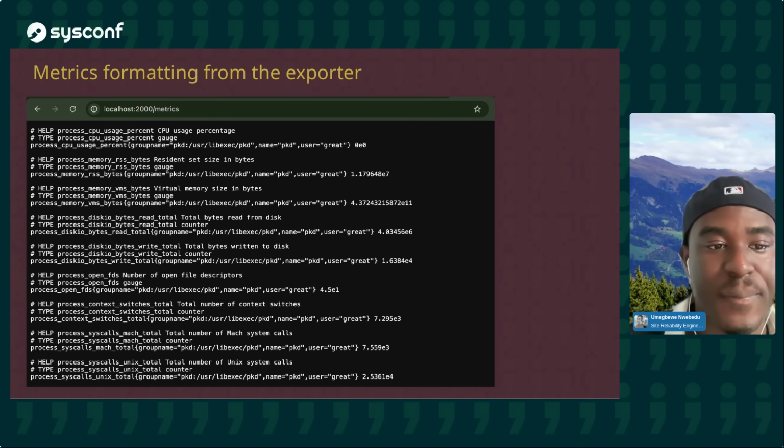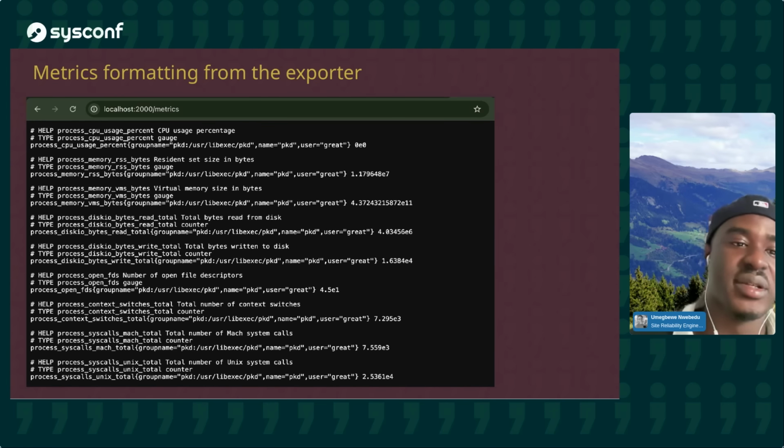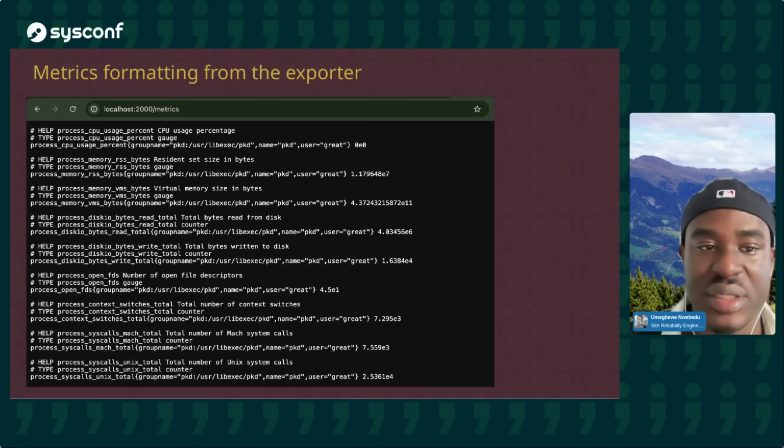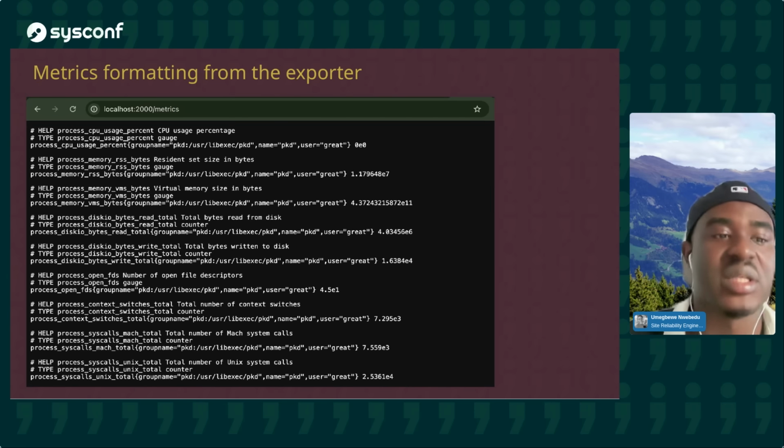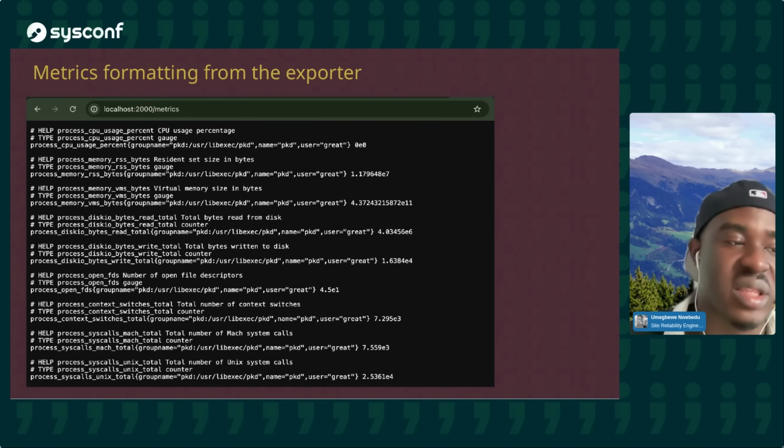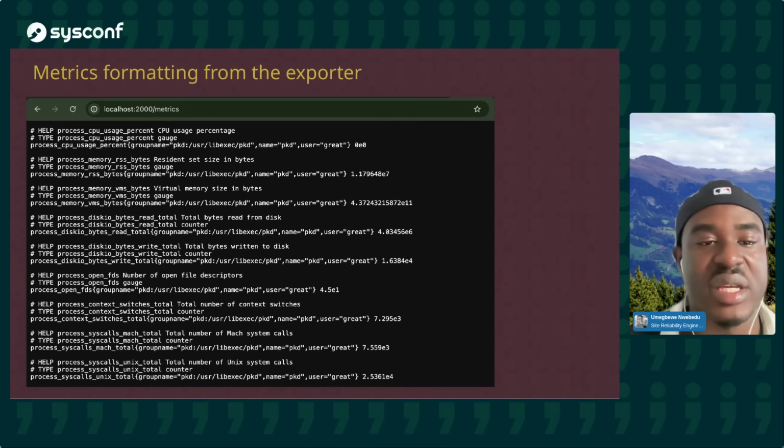And for example, disk IO was this value at this current point in time. So this is basically what an exporter is, right? After getting all of those details, this is how we format it into a Prometheus format that is meant to be consumed by a time series database like Prometheus, for example.